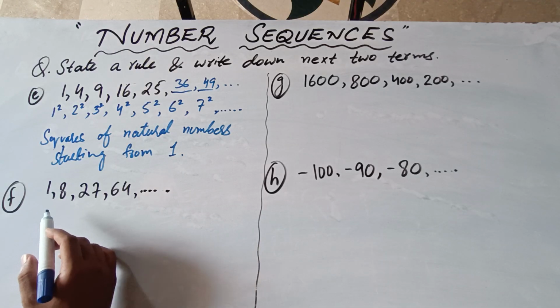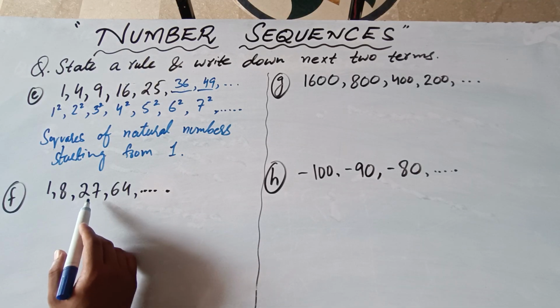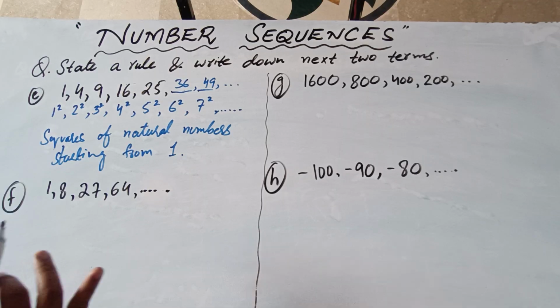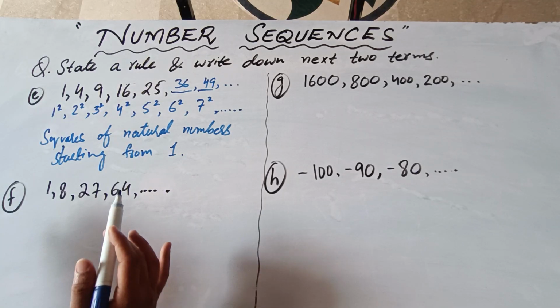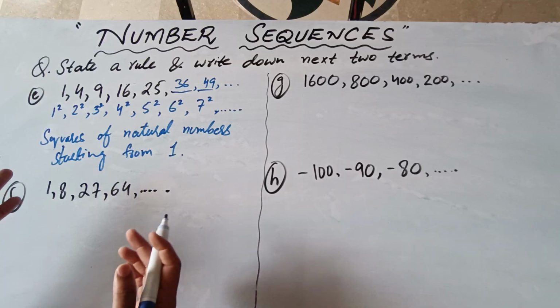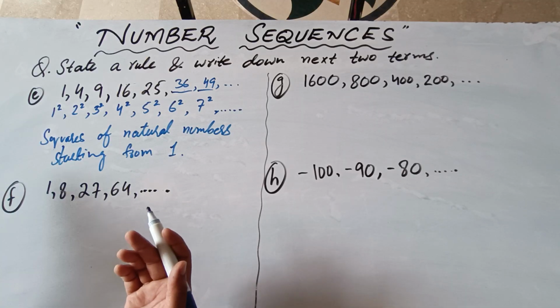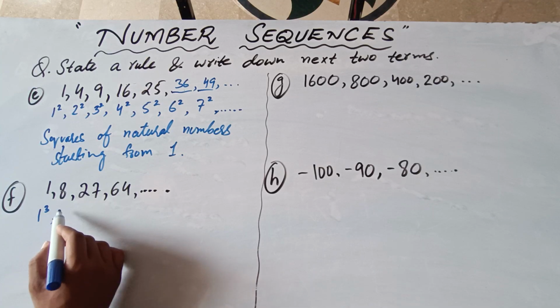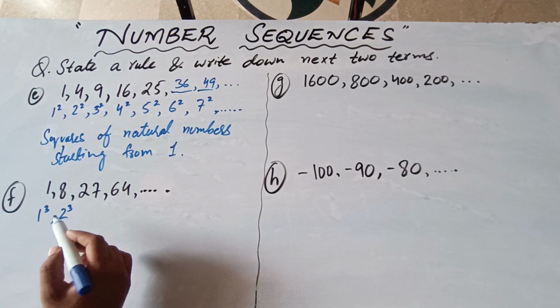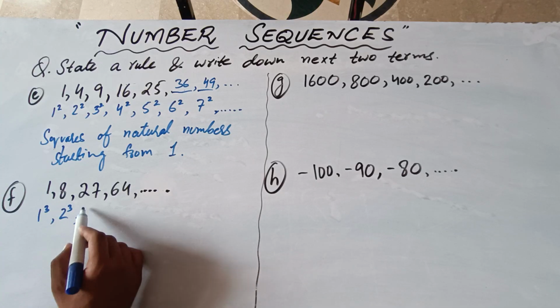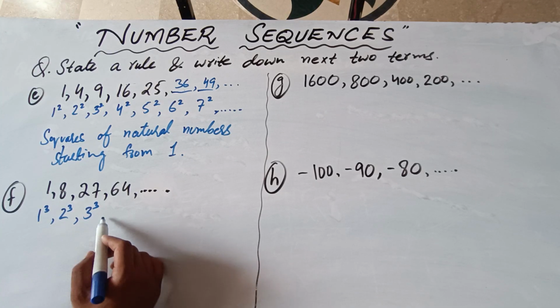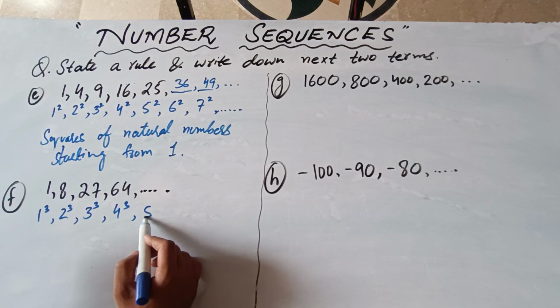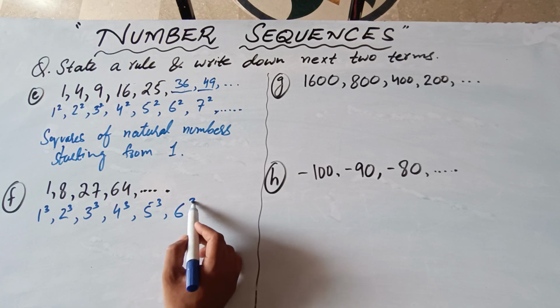Now if you look at over here, 1, 8, 27, 64, there is no proper pattern in addition, subtraction, multiplication and division. Nothing is followed. So if you look at over here, 1 cube is 1, 2 cube is 8, 2 2s are 4, 4 2s are 8, 3 3s are 9, 9 3s are 27. So these are the cubes of natural numbers.